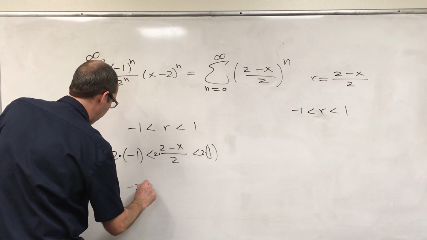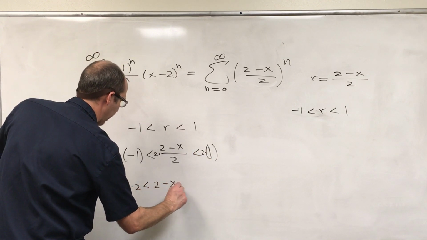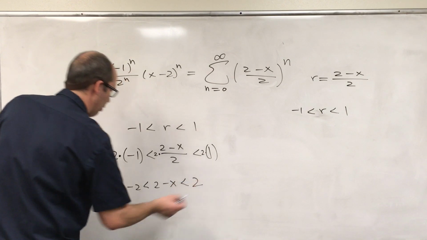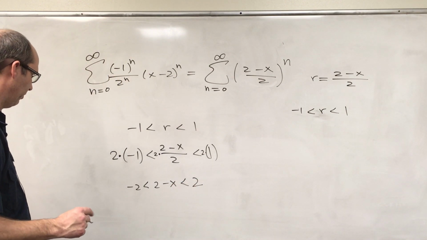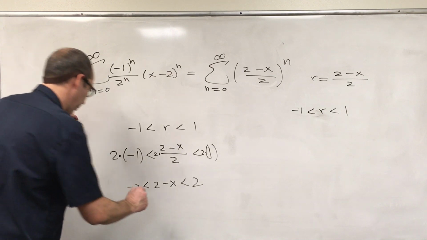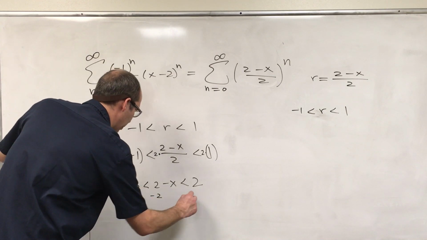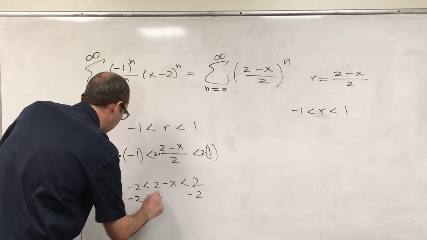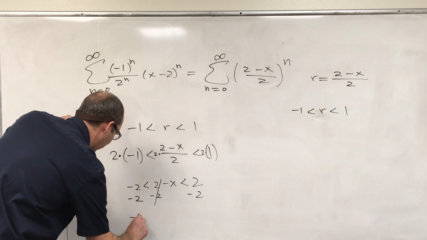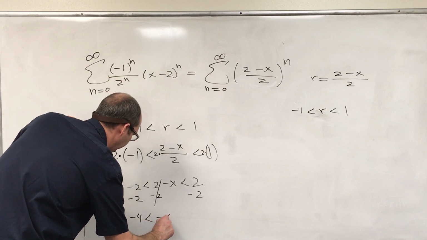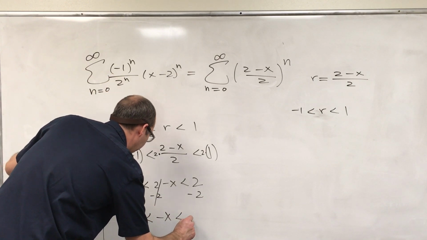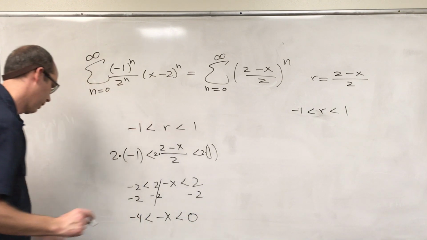So we got -2 is less than 2 minus x is less than 2. Okay. Subtract 2 from both sides. And we get -4 is less than -x is less than 0.